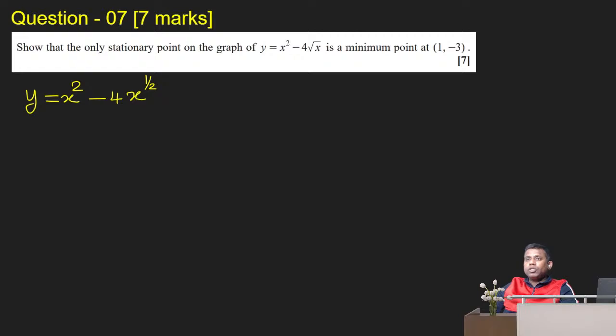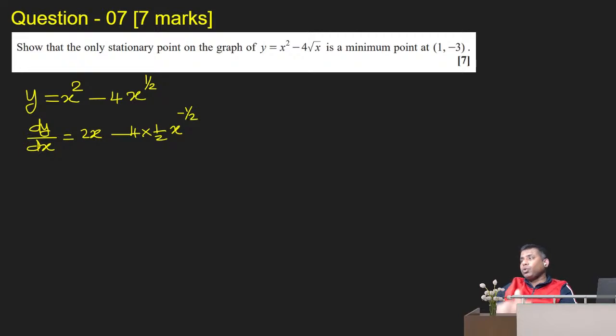If you want to find the stationary point, the method is to find dy by dx, which is the differentiation, and set it equal to 0, because at the stationary point the gradient has to be 0. So dy by dx is, as you all know how to do, 2x minus 4 times half x to the half minus 1, so minus half, right? So that is the differentiation.